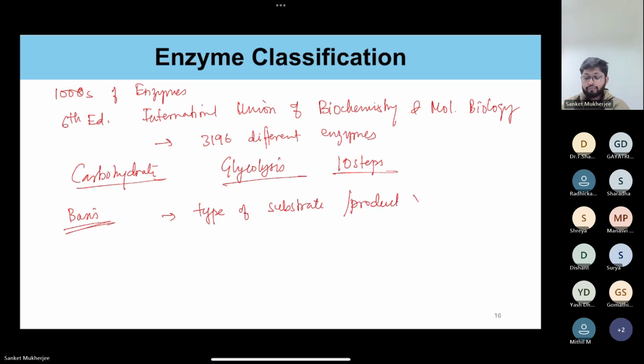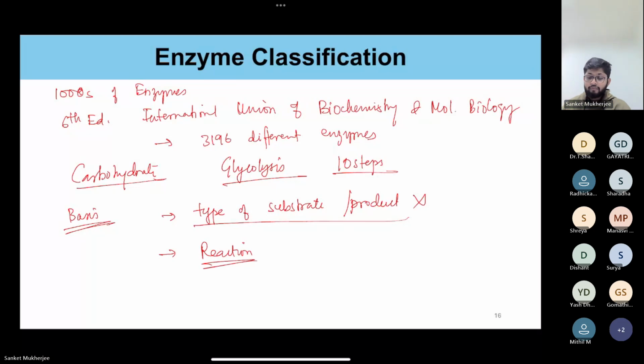But it is not a very widely used convention. The International Union for Biochemistry and Molecular Biology has recommended classification based on the type of reaction that is catalyzed by them.